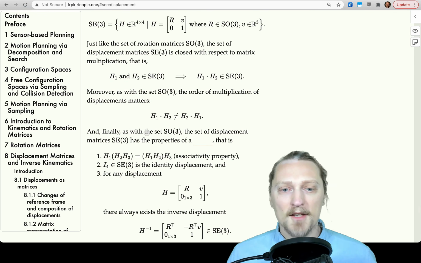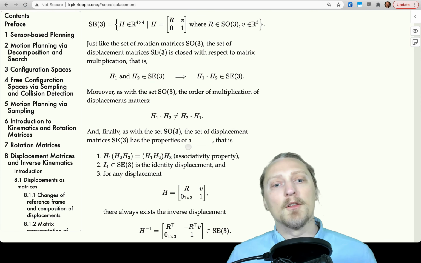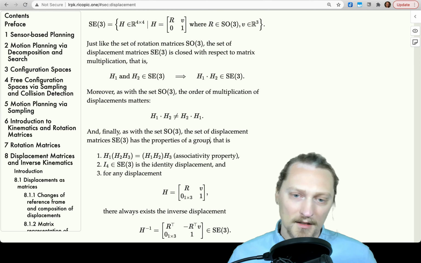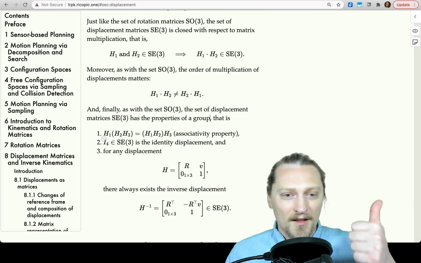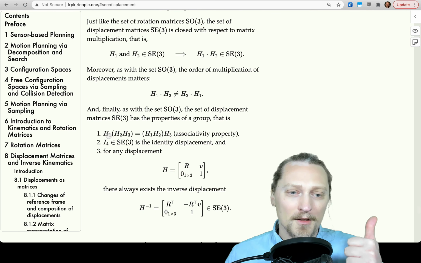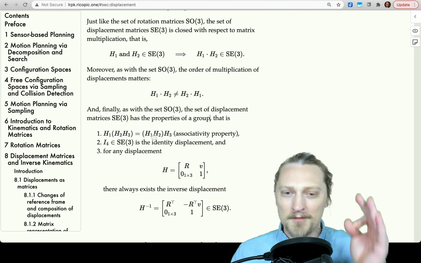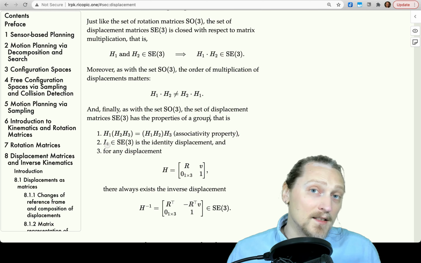And finally, as with the special orthonormal group, the set of displacement matrices SE3 has the properties of a, you guessed it, and I gave it away, group. That is, 1, there's this associativity, okay? So (H1 H2) H3 is equal to H1 (H2 H3). I4 is the identity displacement.